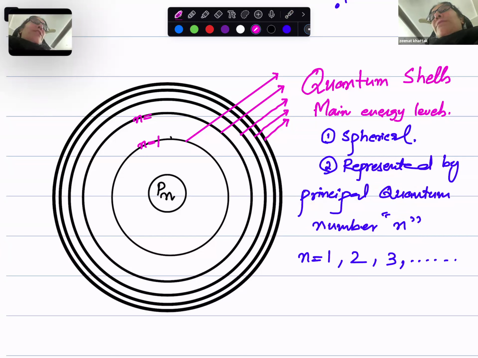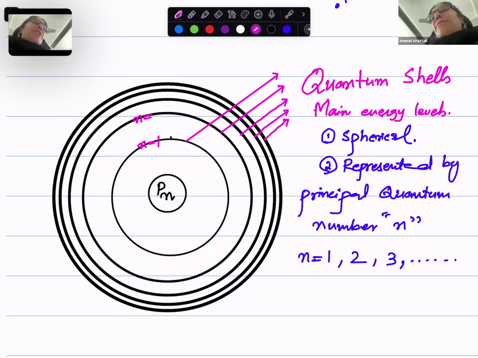The electron gets less nuclear attraction. The electron is more free to move. Its kinetic energy will increase. Why am I telling this?